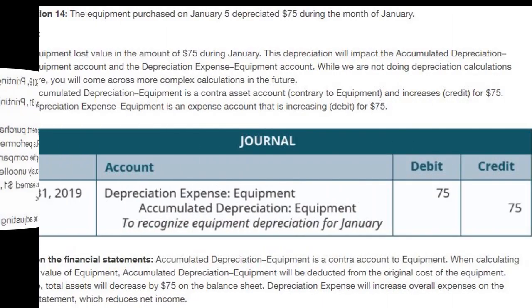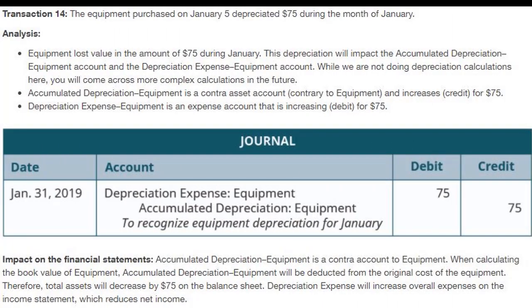And so, if you look at the explanation of the second adjusting entry, which is actually labeled transaction 14 by the textbook, you can see the asset, equipment, has declined in value by $75 this month. Equity value has thus declined by $75 too.